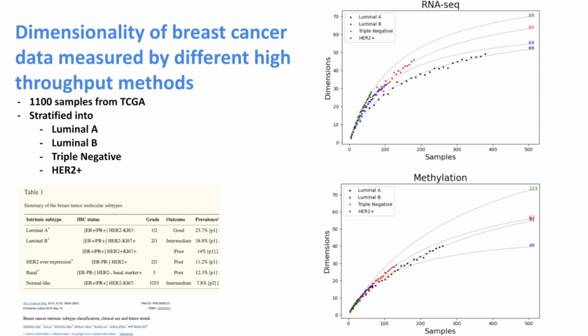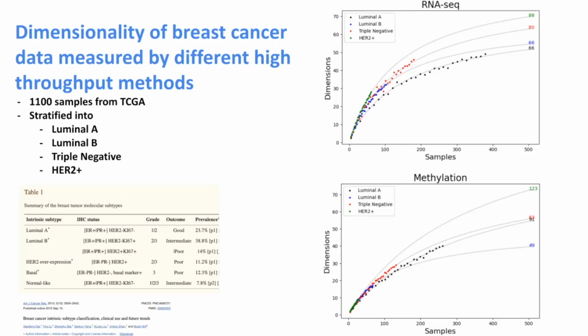So this is a data set from the Cancer Genome Atlas. And for this project, they study a lot of different cancers in humans. And in this case, this is the breast cancer data set, where they have 1,100 samples.